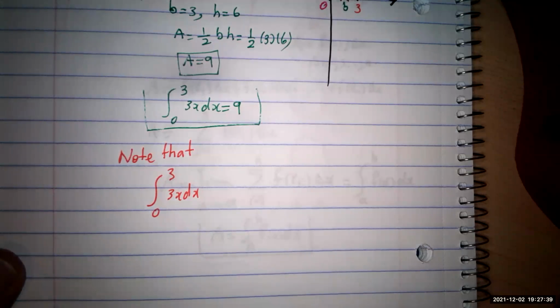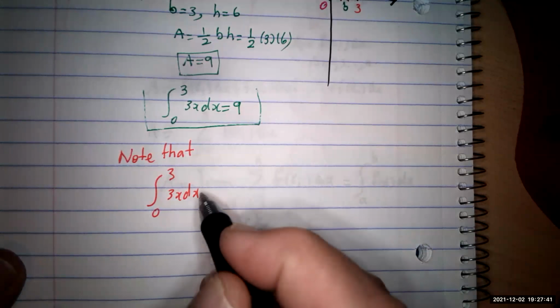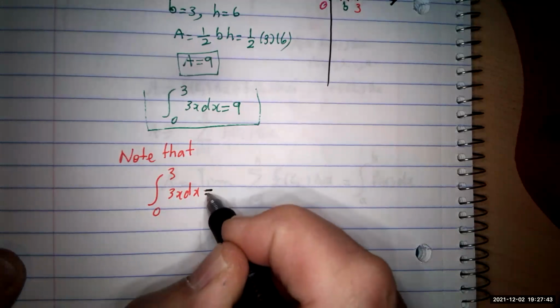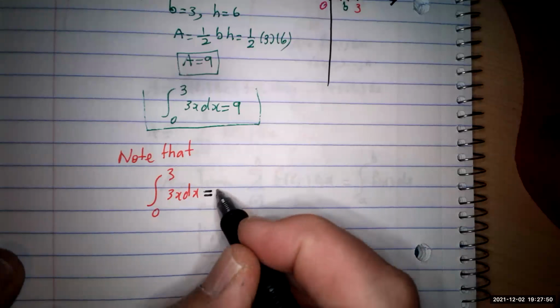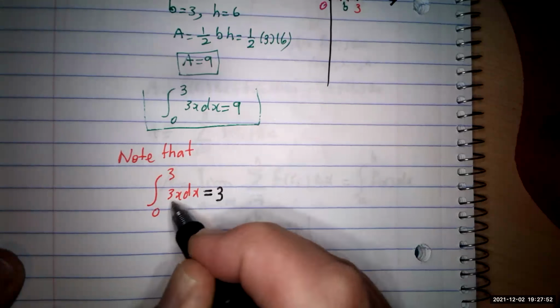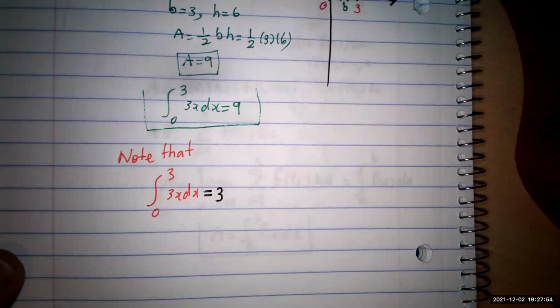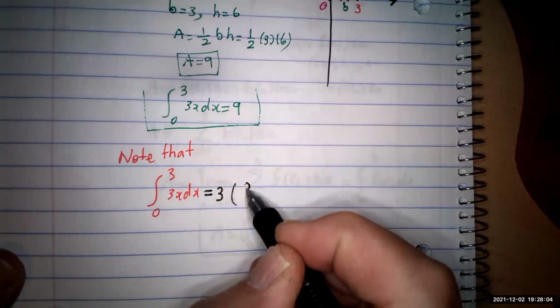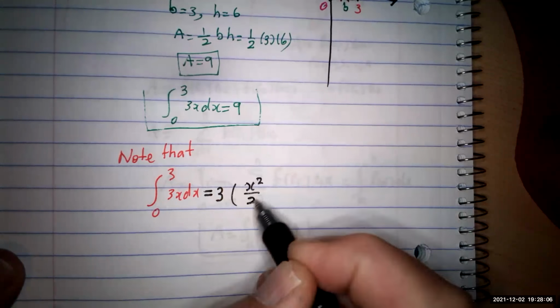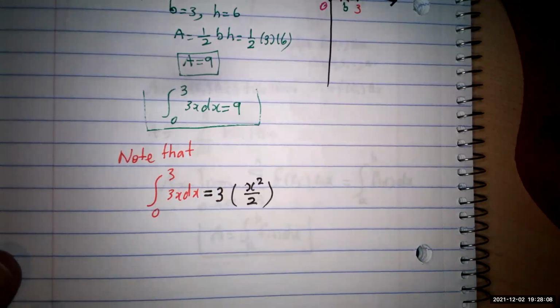What's going to be the result? Three is a number. We keep it, remember? For x, the power rule: you add 1 to the power. That gives you x squared divided by 2, remember? That's how we take the integral.